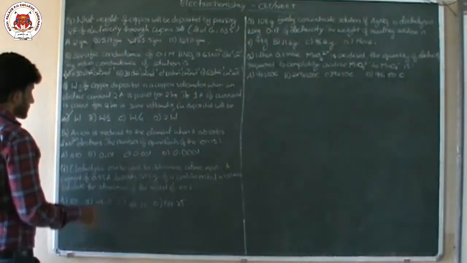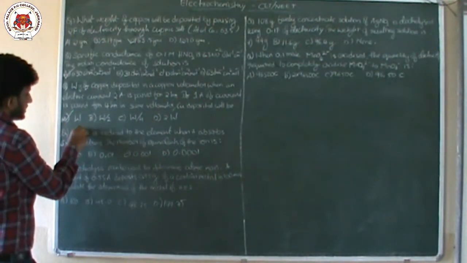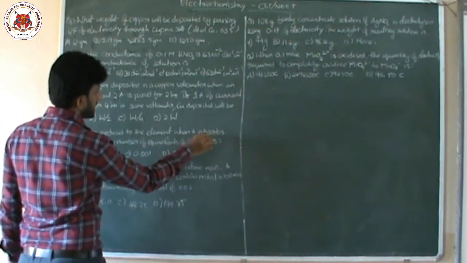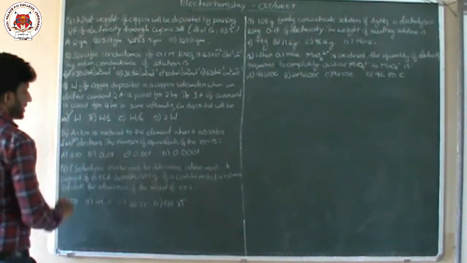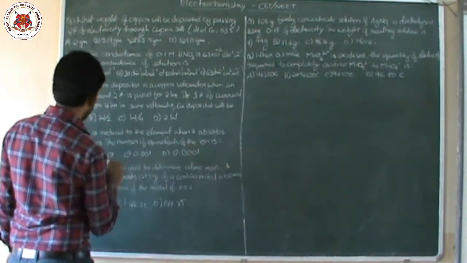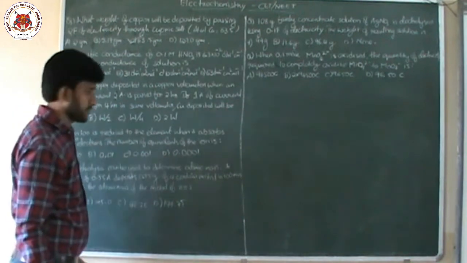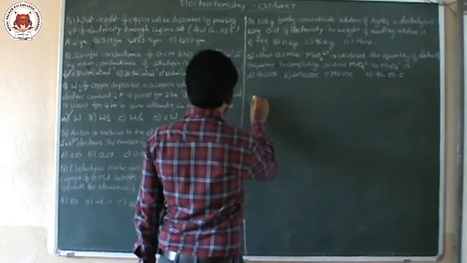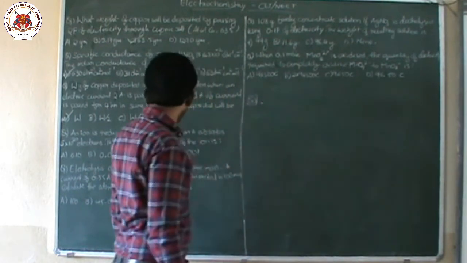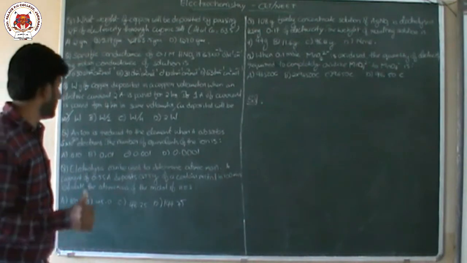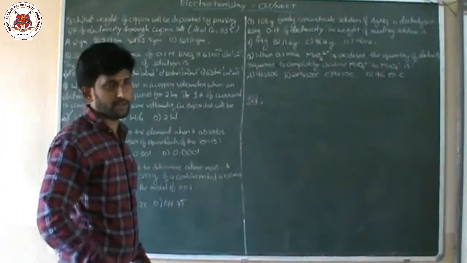Next question. An ion is reduced to the element when it absorbs 6 into 10 power 20 electrons. The number of equivalents of the ion is? First, let us see: 6 into 10 power 20 electrons means how many coulombs or how many faradays.